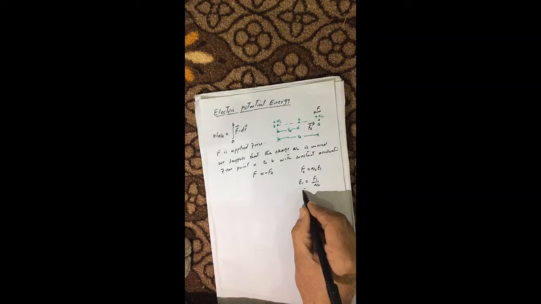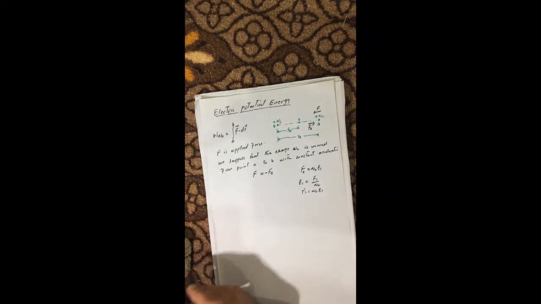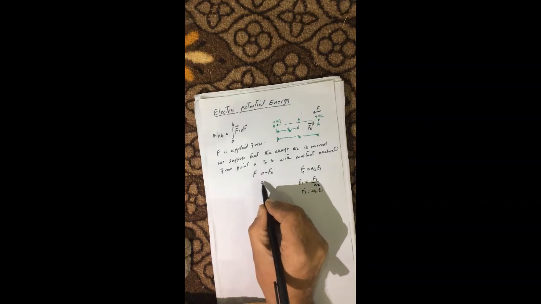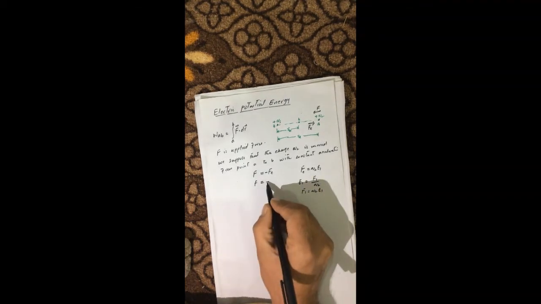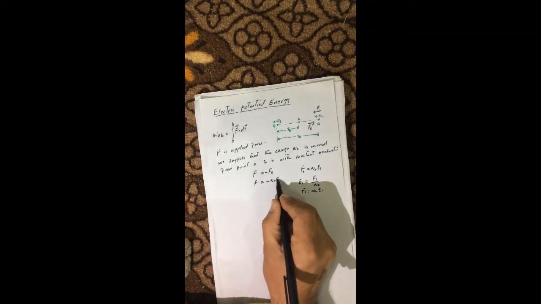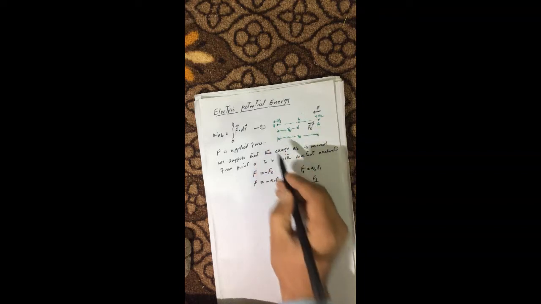So from this we get F1 equals Q2 E1. So I replace this applied force by minus Q2 E1. This is equation number 1 and this is equation number 2.